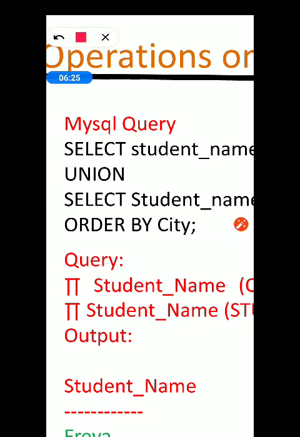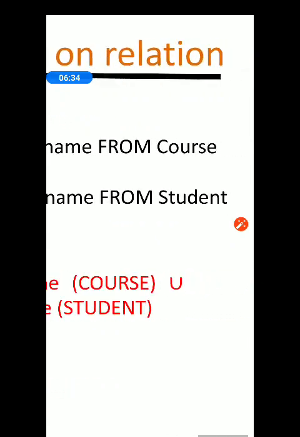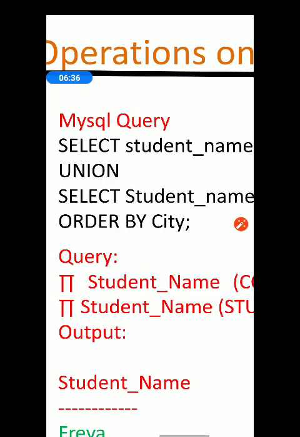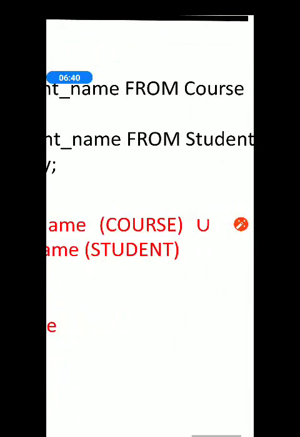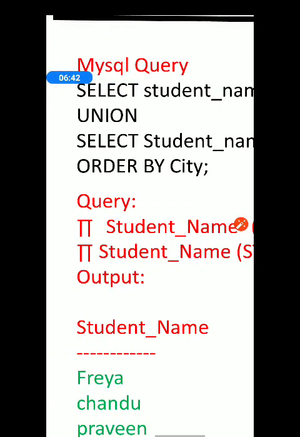So please note down the MySQL query. Select student name from course union, select student name from student, and an extra clause is given over here, order by city.